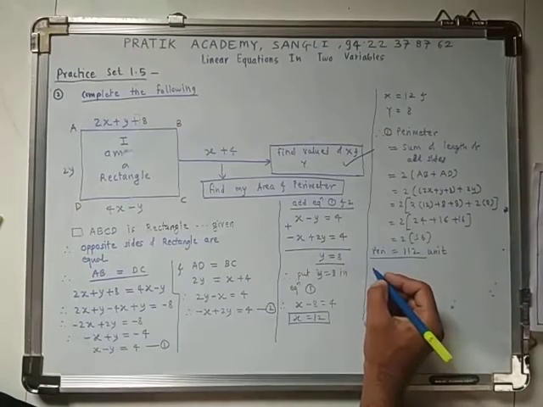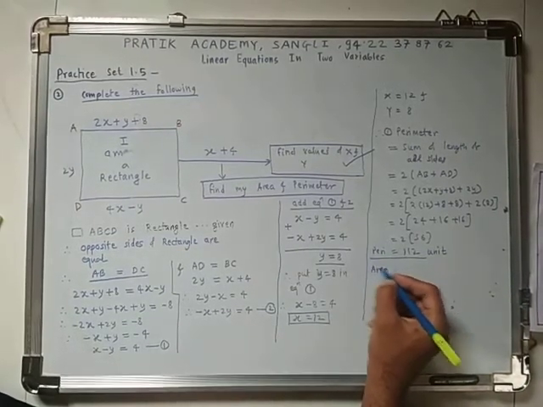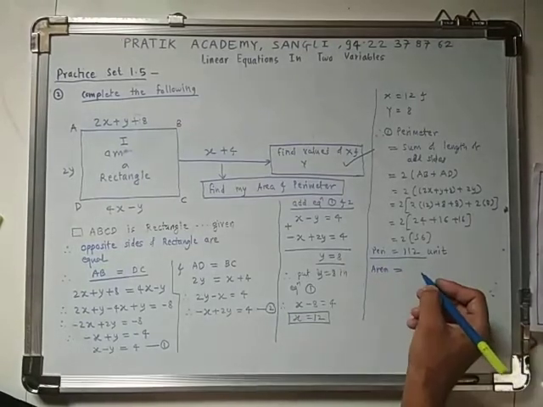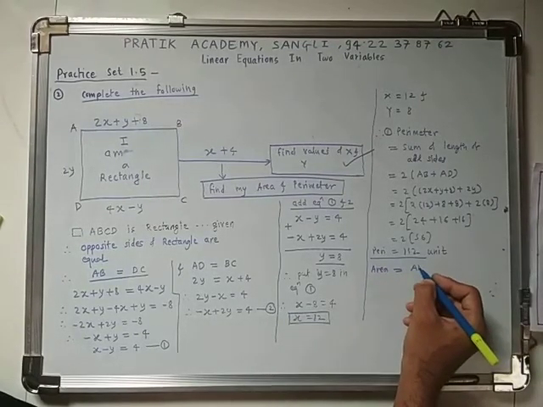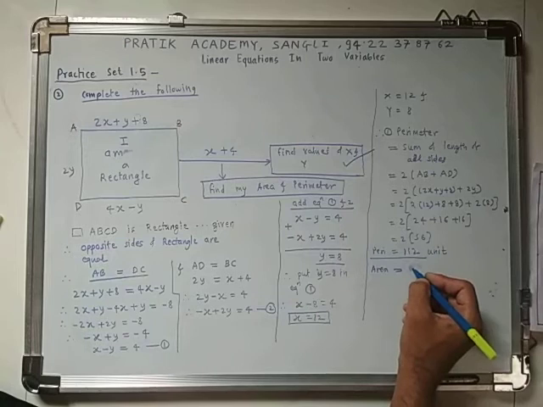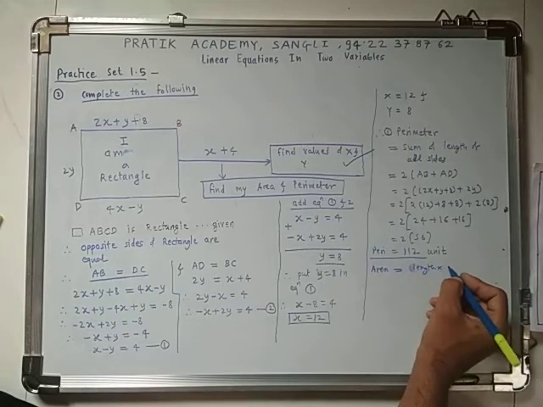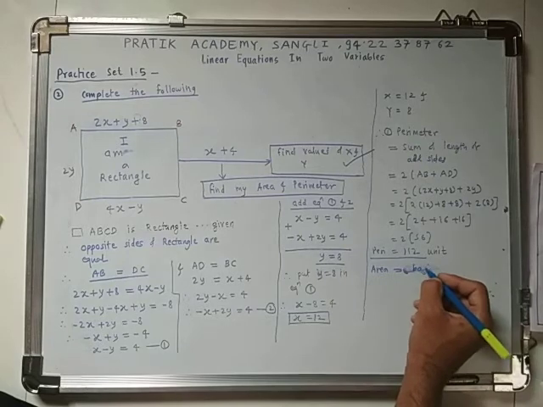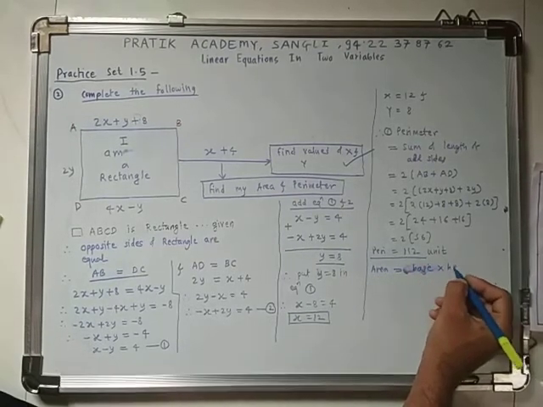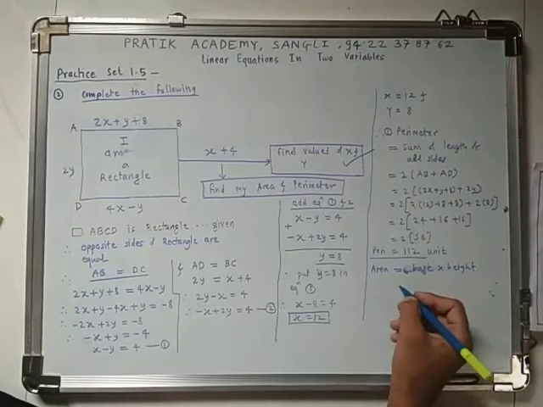Then what is the area? Area of a rectangle is simply the product. What is the formula? Length or base into height.